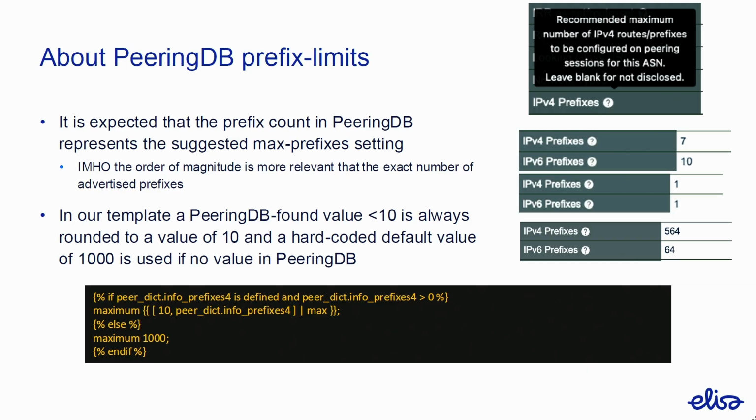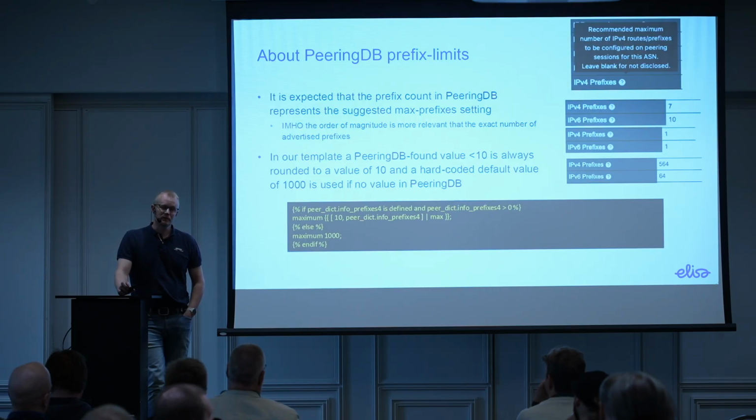Further, if there are networks that don't have max prefixes defined at all in PeeringDB, we are currently using a hard-coded default value of 1000. It's not actually a very good value, but the reason for this is that when we did the migration, we wanted to have a kind of fail-safe value in order to avoid too many false positives, and that's why it has been 1000 since.